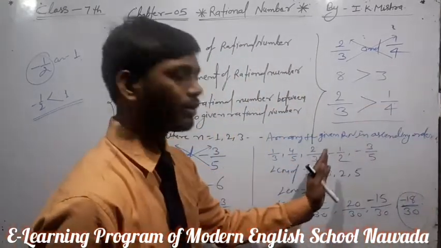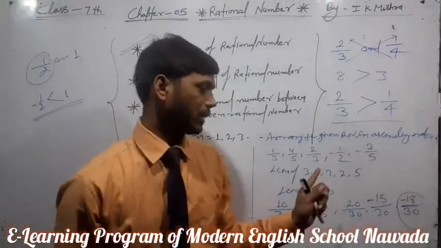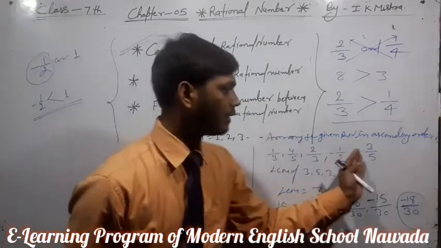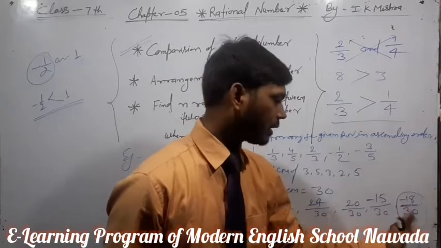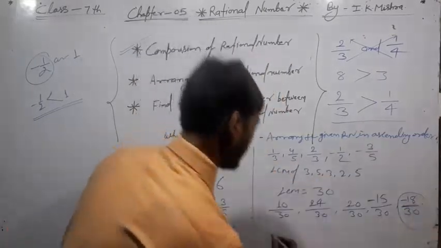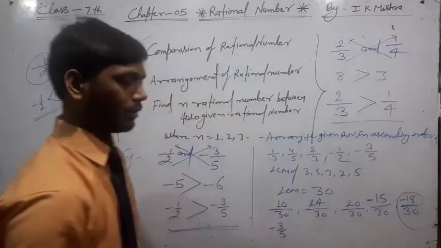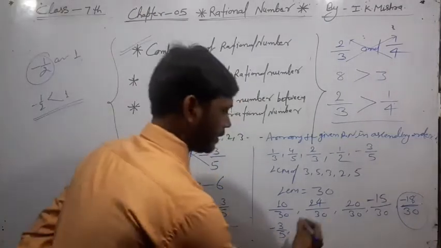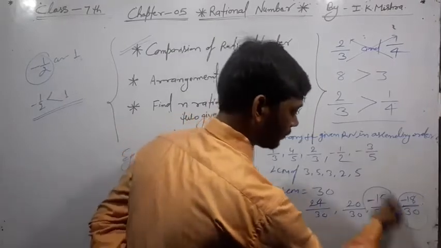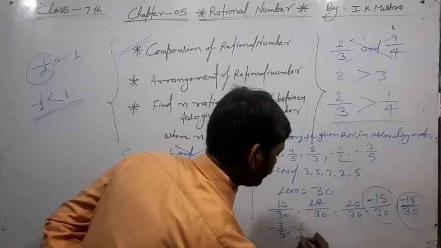When we have to arrange in descending order, first write the greatest number first. Here we have to arrange in ascending order, that means we first write the smallest number. Here the smallest number is minus 3 by 5. After that, minus 1 by 2.